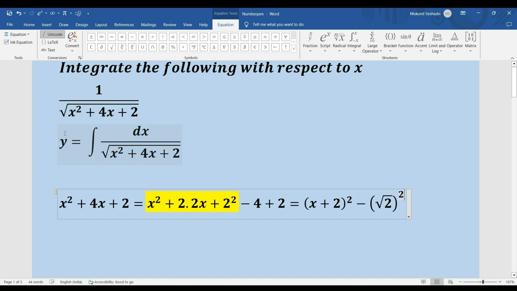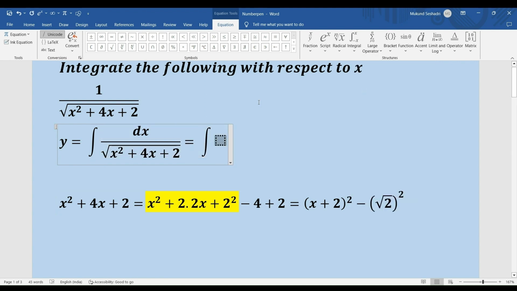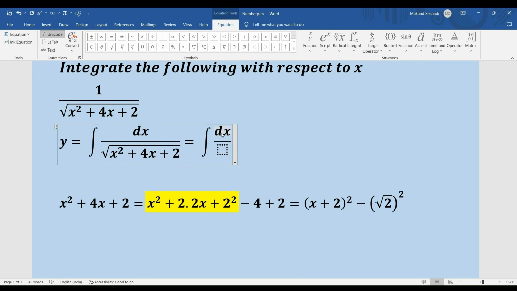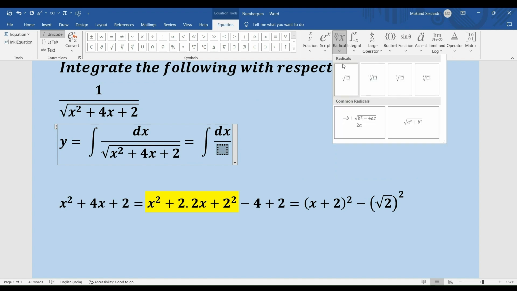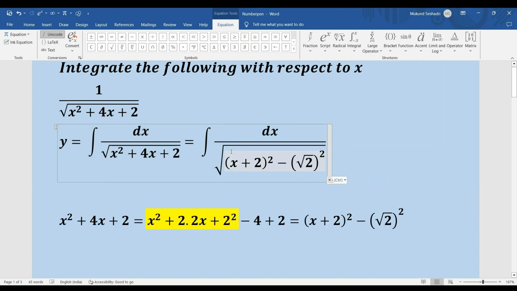Now I go back to my y, and I'm going to rewrite this. I have my y equals integral of, again I open my dx format, and inside the square root I now have x plus 2 the whole square minus root 2 the whole square, right? And what is going to help me to integrate this?